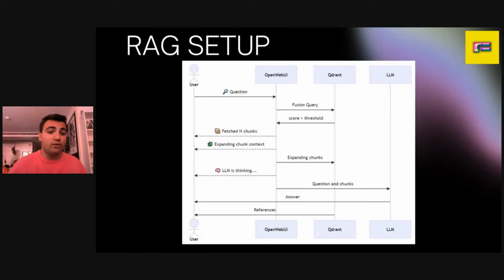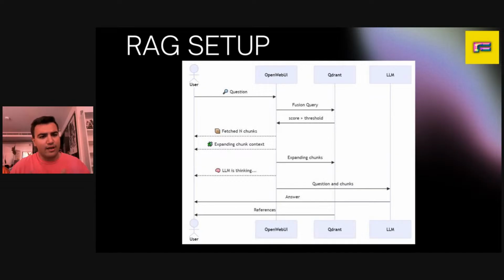Here's a quick overview of how it works. It's split into three parts, and we'll also give you a demo. When you ask a question, behind the scenes, we send a query to Qdrant, it fetches some data, and based on a threshold, we'll get more into those in later sessions. It will tell you what it's doing at every step, and how many chunks it's actually fetched from the data.